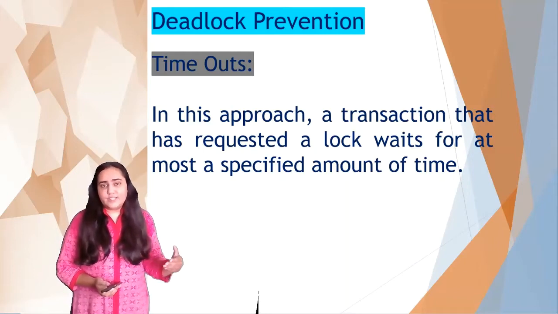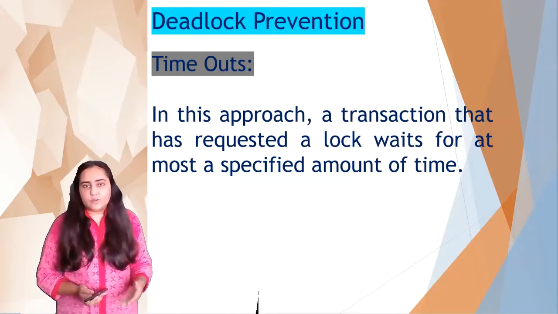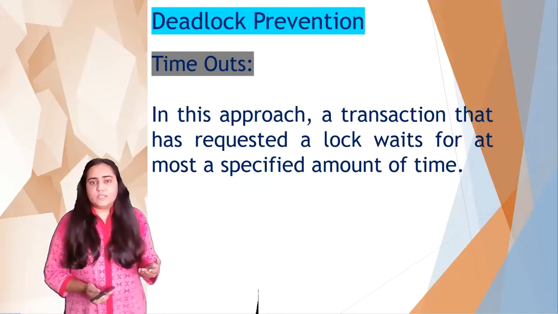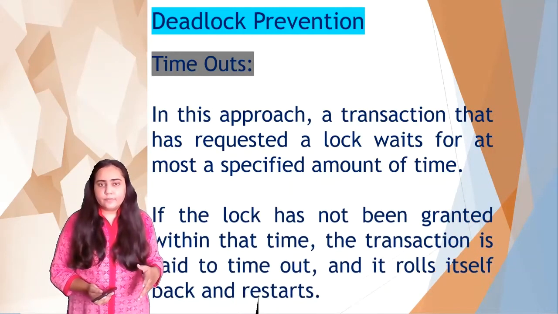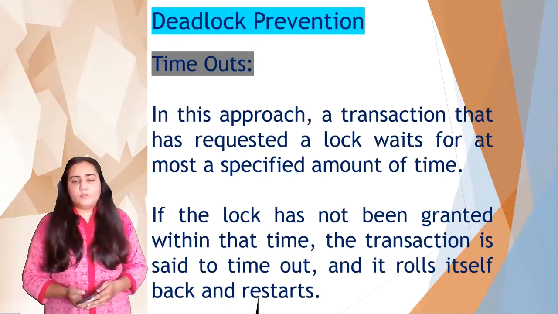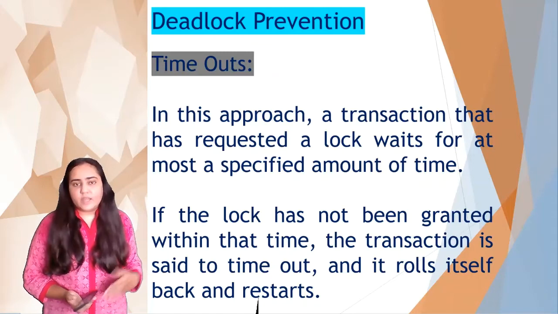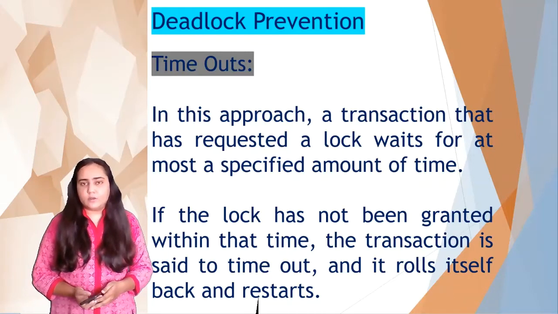And if after 10 seconds it still does not receive the data item it requires, then the transaction will simply stop executing and release all the locks that it currently holds. So if the lock has not been granted within that time, the transaction is said to time out, and it rolls itself back and restarts. This also prevents deadlocks.